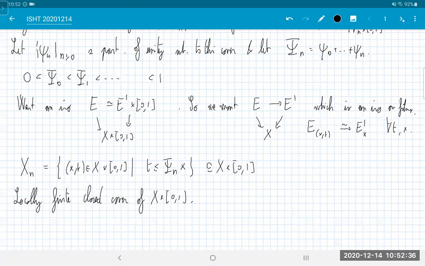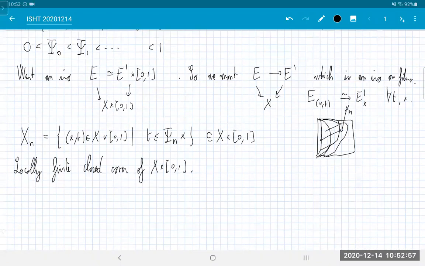You can think of it as taking the graphs of this big Psi n that tend to 1 in an increasing way, and this cover. So this is Xn. It's the area below the graph.